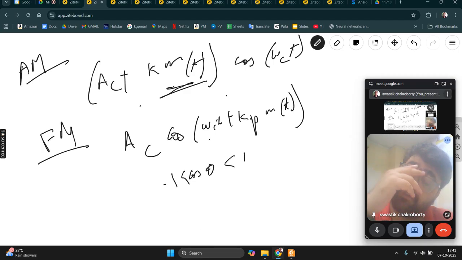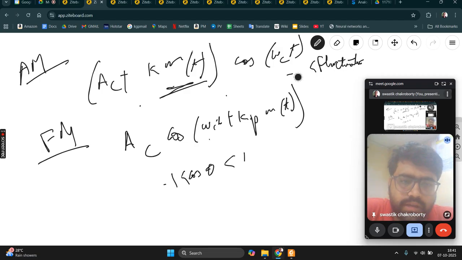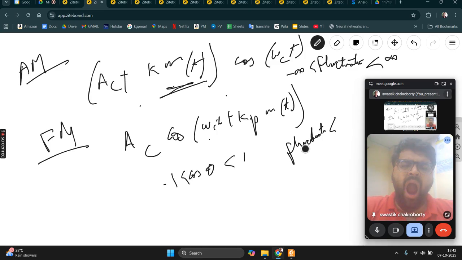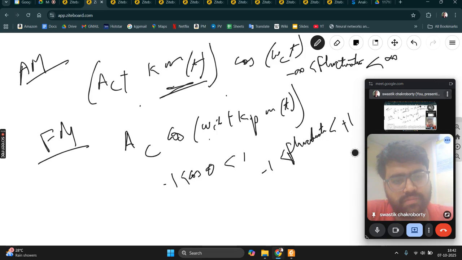So the fluctuations due to noise are much less as compared to amplitude modulation, where the fluctuation can be from -infinity to +infinity. Fluctuation can be anything. Here fluctuation is between -infinity and infinity, meaning it can fluctuate to anywhere. Whereas here the fluctuation is between -1 and +1.